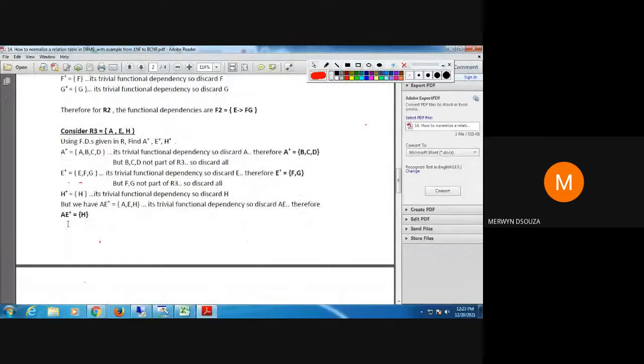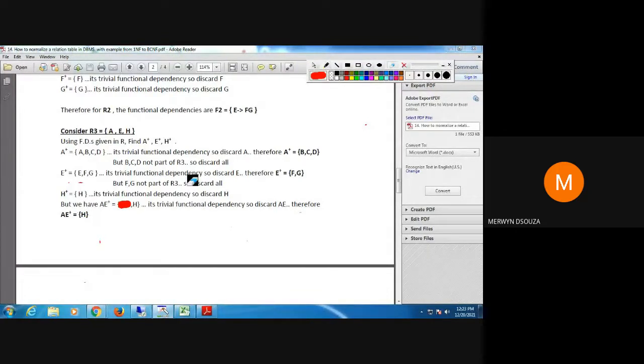When you find the attribute closure of AE, you will get A, E and H. But AE is trivial, so what remains is only H. Therefore, R3 will have just one functional dependency, which is AE determines H.